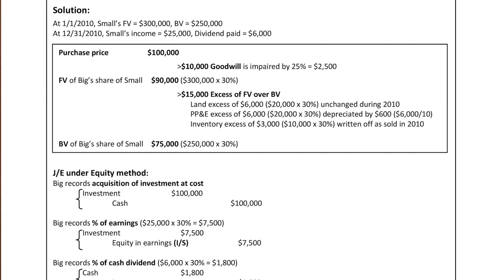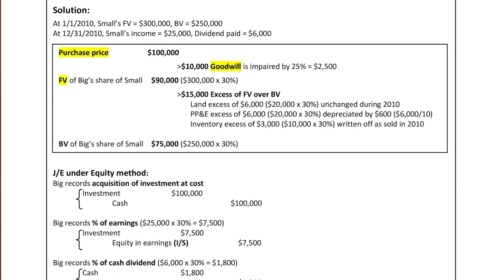So let's first look at the purchase price versus fair value versus book value. So the purchase price, we know that's $100,000. Next, the fair value of big's share of small. So the fair value of small company is $300,000 on Jan 1st. 30% of that is $90,000. And then the book value. So the book value of big's share of small is 30% of $250,000, which is $75,000.